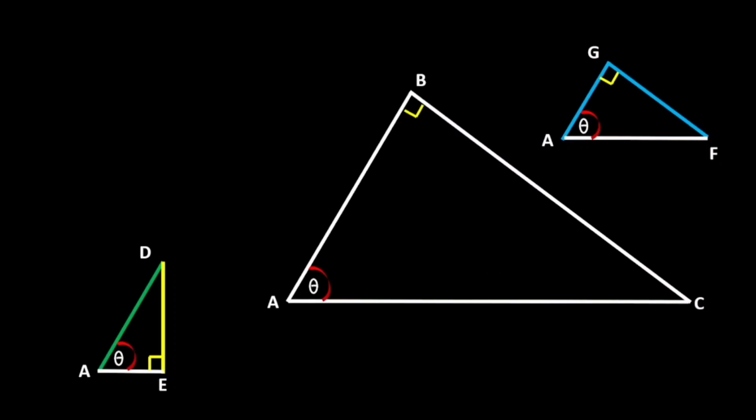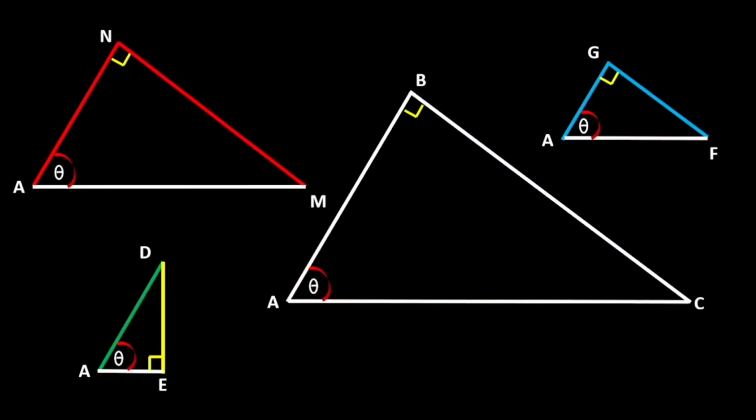But I want one more triangle. I have taken another point on AC, that is M. From M, I drop a perpendicular on AB and we get our third right angle triangle AMN with the same common angle theta. Of all these four triangles, two angles are common, the right angle and theta.